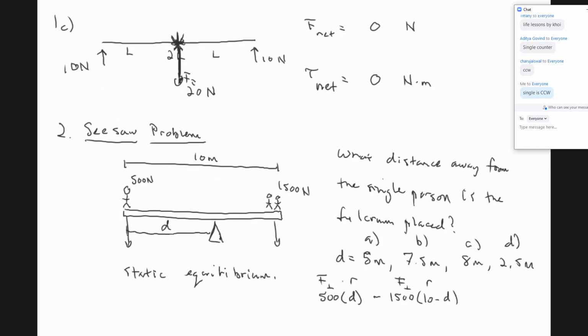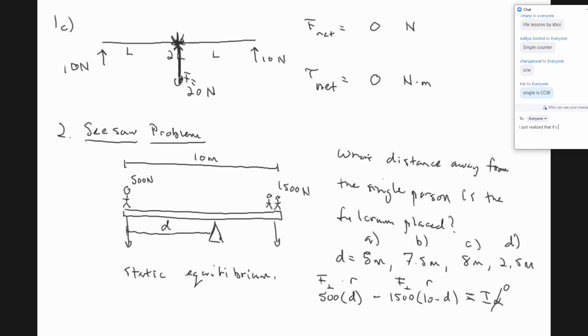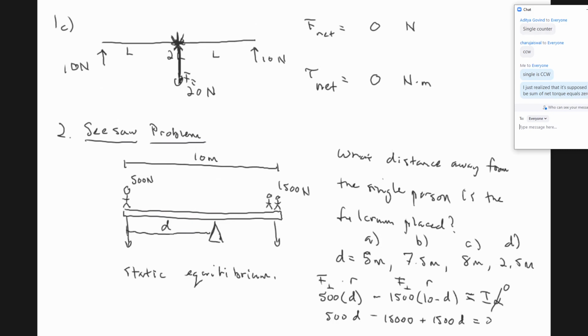That's equal to I alpha. But since it's in static equilibrium, we know that angular acceleration is 0. So we get 500D minus 15,000 plus 1500D is equal to 0. Sum of net torques.